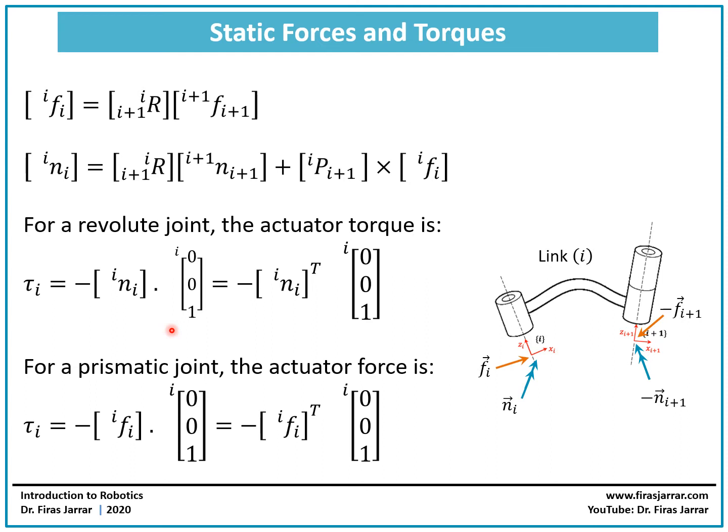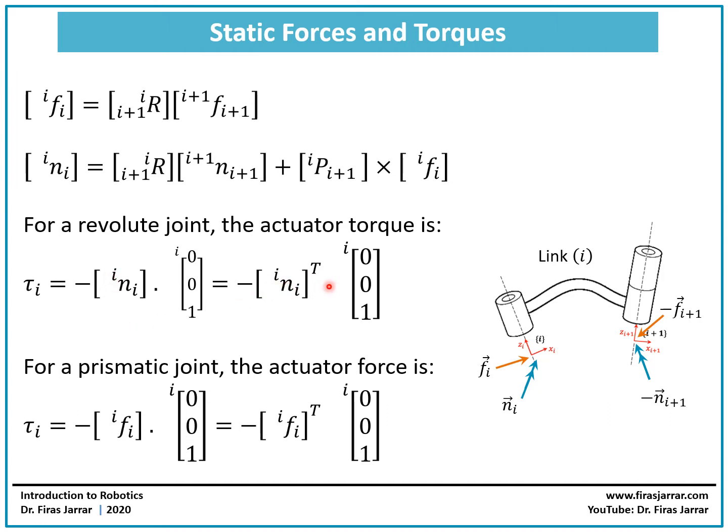If it was a prismatic joint, then the joint itself is supposed to allow motion along the z-axis, a translation along this axis. In this case, if you want to keep the link in static equilibrium, the actuator force should be equal to the component of force in this direction at this joint, the origin of this frame.